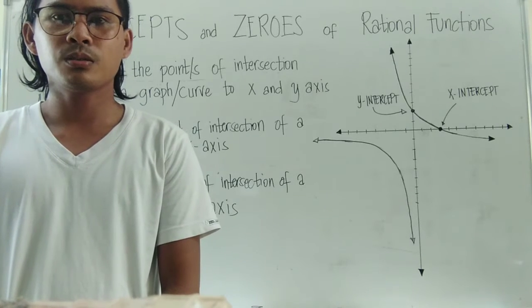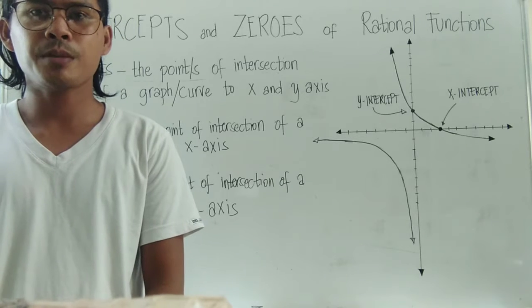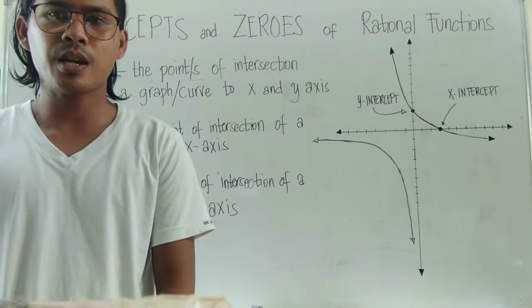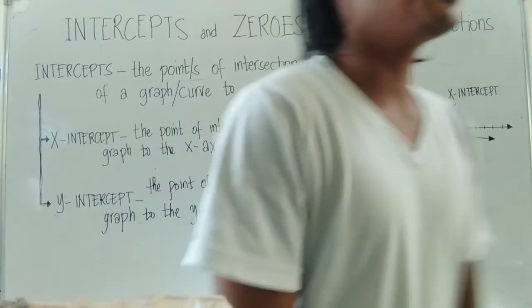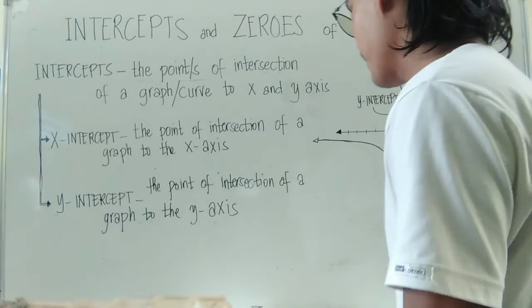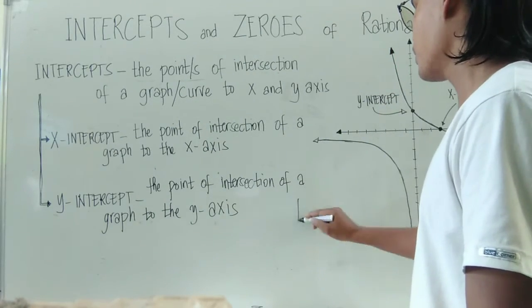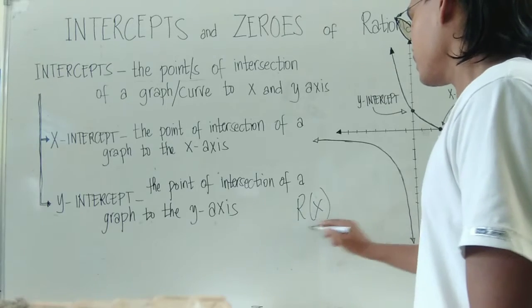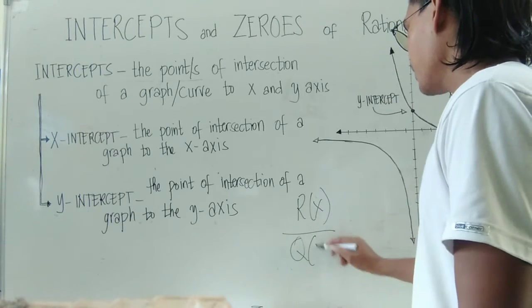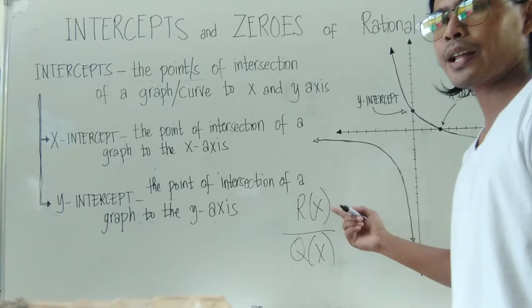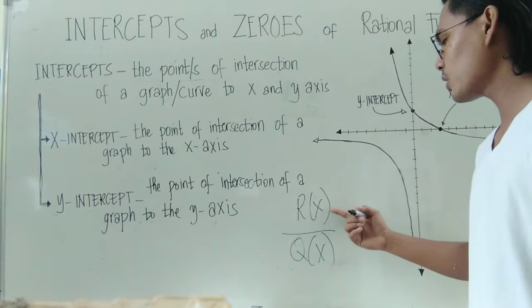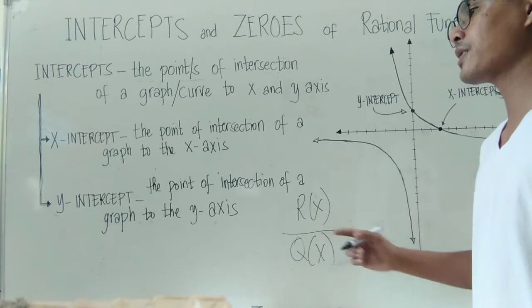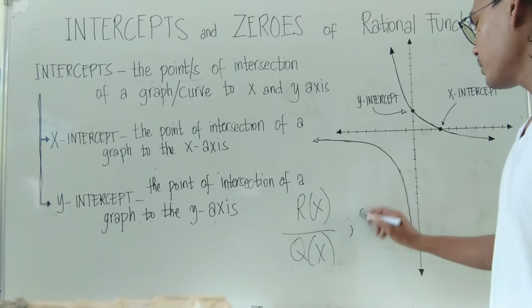So in this video, we will learn about the intercepts and zeros of rational functions. Reviewing rational functions, these are functions in the form of r of x over q of x, where your numerator is denoted by r of x and q of x is your denominator.